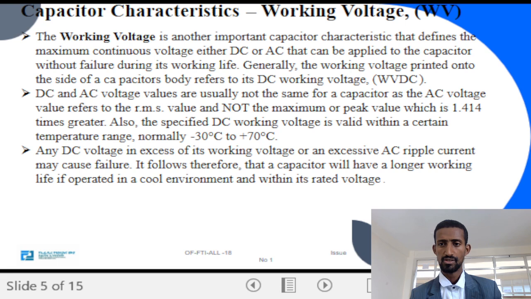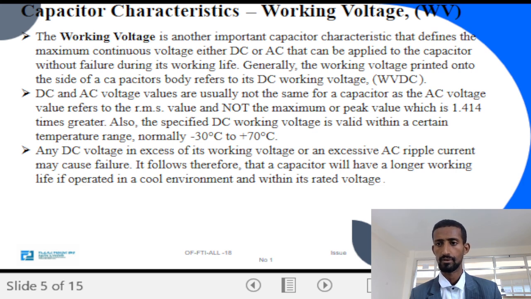The other capacitor characteristic is working voltage. The working voltage is another important capacitor characteristic that defines the maximum continuous voltage, either DC or AC, that can be applied to a capacitor without failure during its working life. Generally, the working voltage printed onto the side of a capacitor body refers to its DC working voltage.